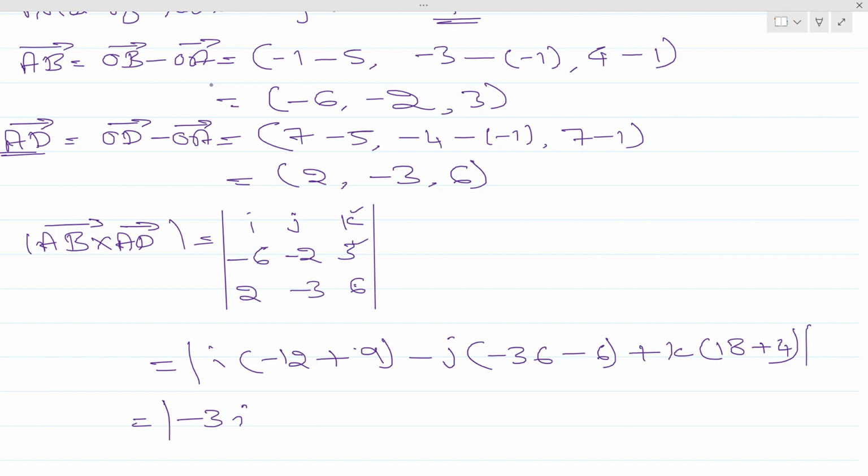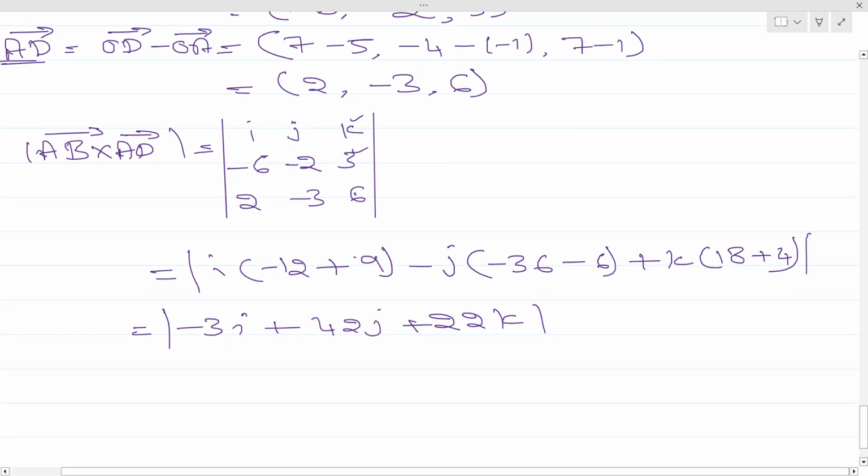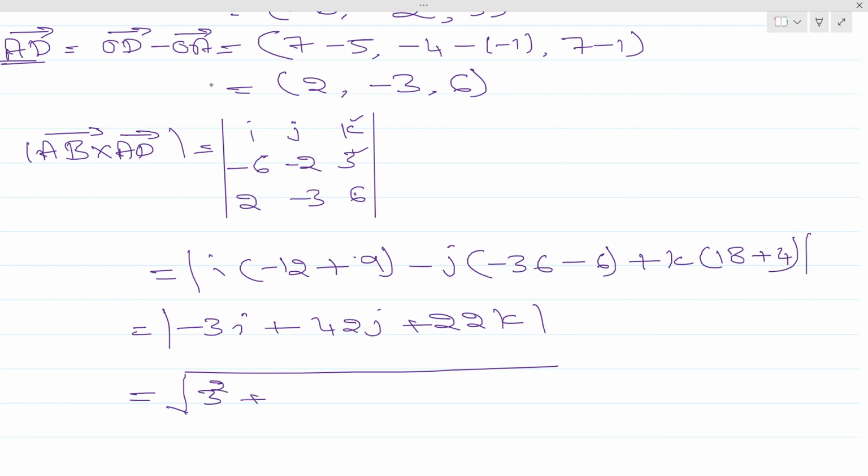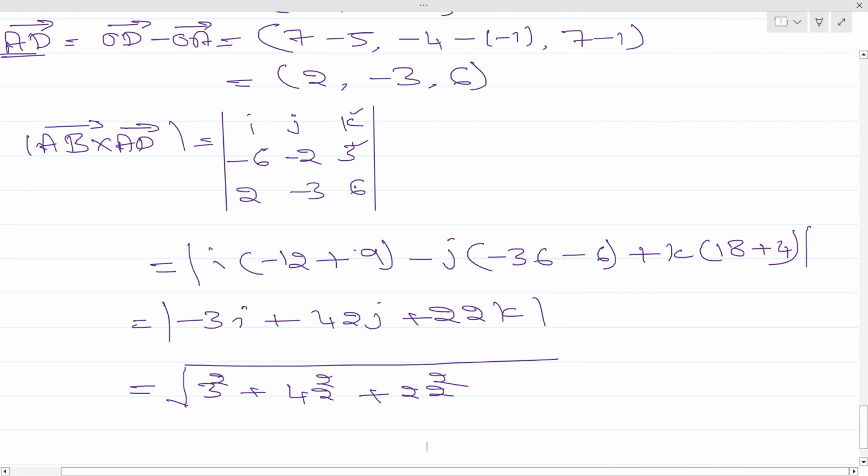Minus 42 multiplied with minus j will become positive 42j, and 18 plus 4, 22, 22k. So the magnitude of this will be the under root of the square of the coefficients, that's 3 square plus 42 square plus 22 square.